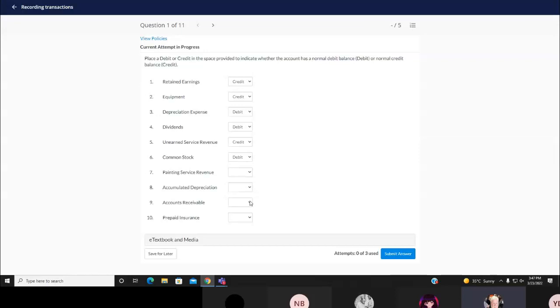Every time you see the word revenue, credit. Except unearned revenue, but unearned revenue is also a credit because it's a liability.